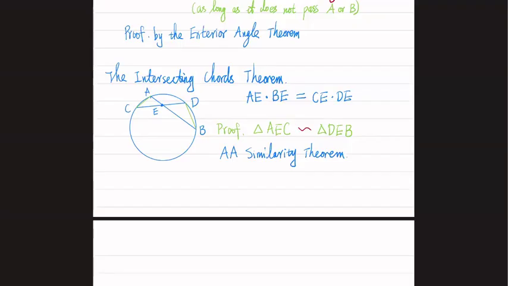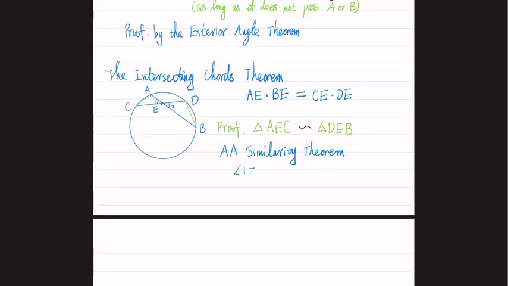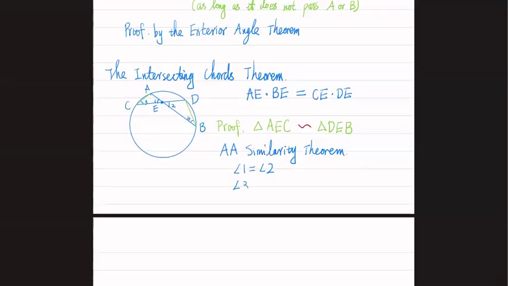To apply the AA similarity theorem, we need to check there are two pairs of angles. So this pair, they have the same measure because they are vertical angles. Angle 1, angle 2. Similarly, I claim angle 3 and angle 4 also have the same measure.